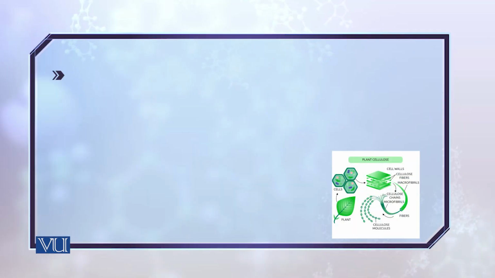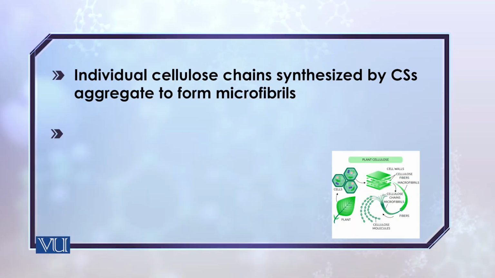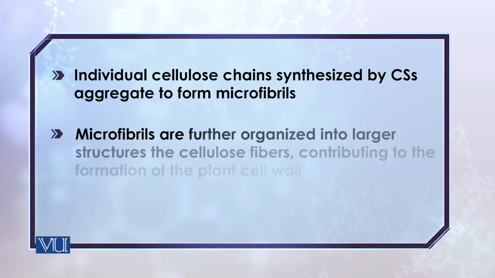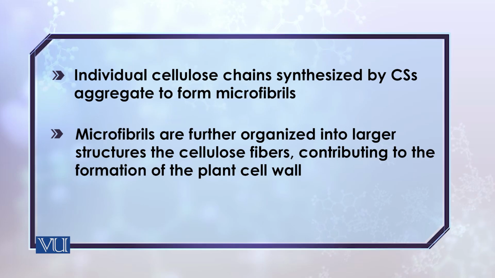Then you have arrays of cellulose molecules with small units of glucose moieties arranged in an array, which are then aggregated and reorganized in the form of small fibrils known as microfibrils. These microfibrils are further reorganized to form larger structures known as cellulose fibers.